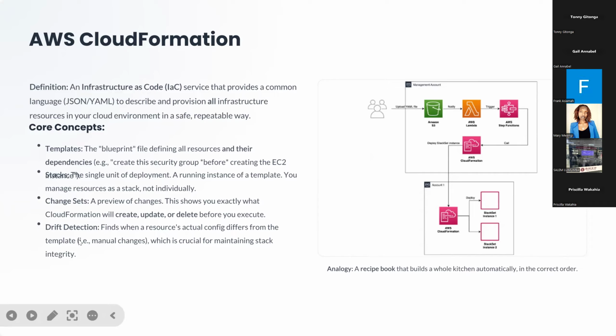For example, if your template says to use an AWS t2.micro instance and you change the actual resource to a different type, CloudFormation detects the drift.